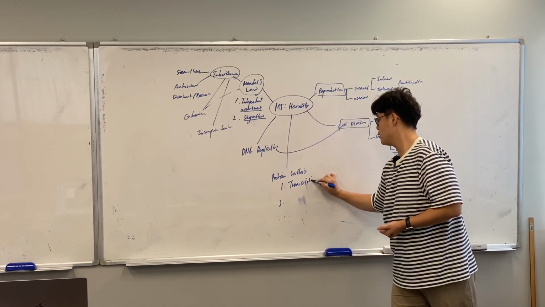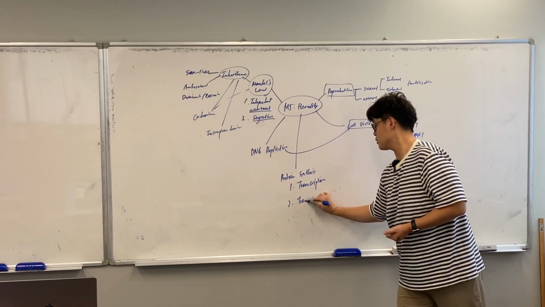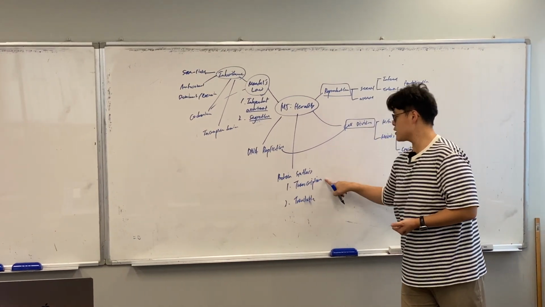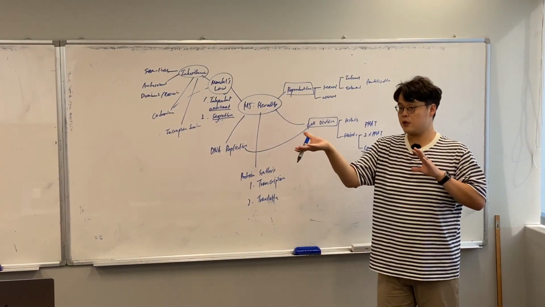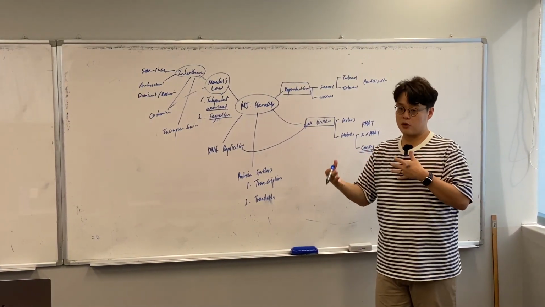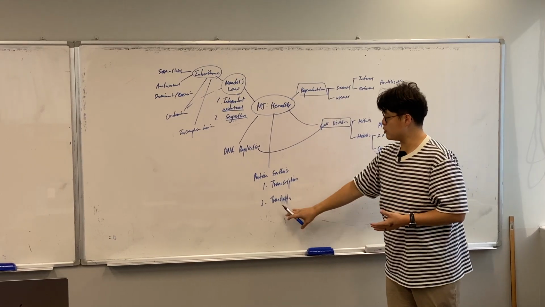Transcription and translation. So one is happening inside the nucleus, where mRNA is copying down the DNA strand. Again, you have to understand and memorize the procedure of that too.